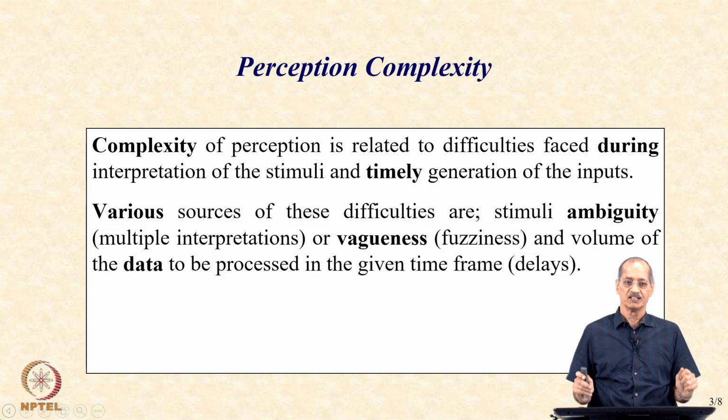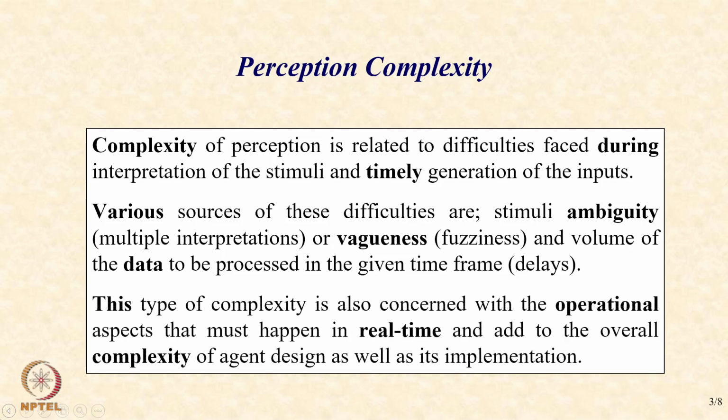So, which means the sources of difficulty essentially would be related to multiple interpretations, fuzziness of the data, it could be visual or any other source, like for example, if you are using sonars or lidars, there could be multiple vagueness in the data. The volume of data could be very high, they all lead to delays, and all these will ultimately result in difficulties that arise from our perception process.